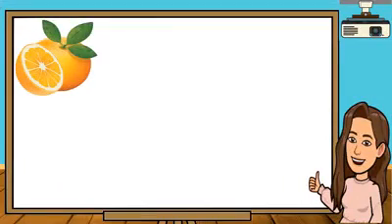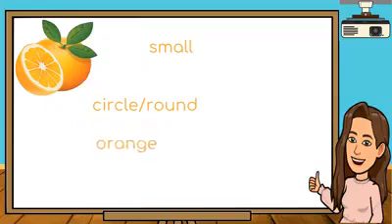Can you tell me what is the size of the orange? Yes, small. How about the shape? Yes, circle or round. How about the color? Yes, same with its name, orange.